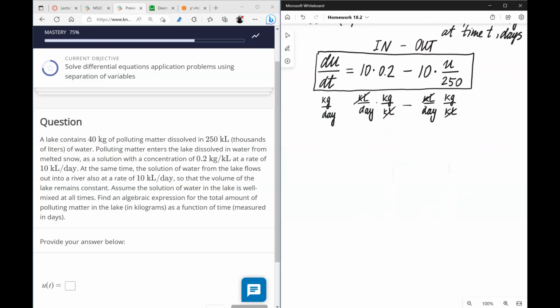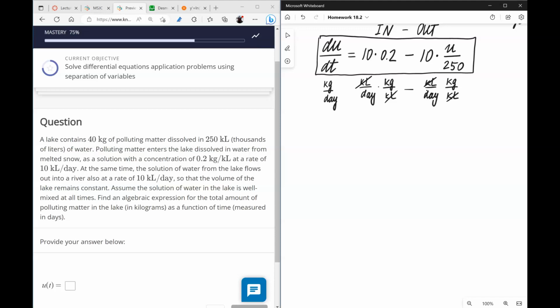And now that we have it, let's go ahead and rewrite it in a nicer and cleaner way. And now let's recognize that we have a differential equation that is actually separable and that we can solve. So let's find the common denominator here.